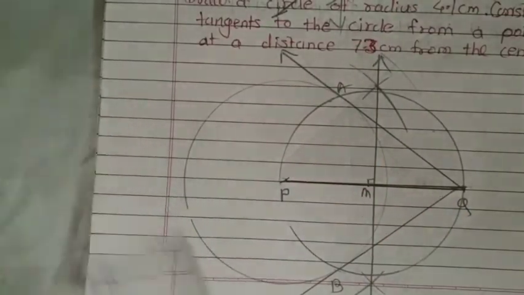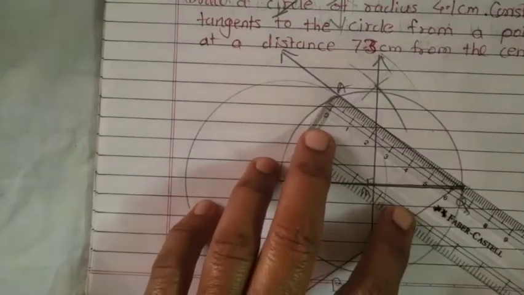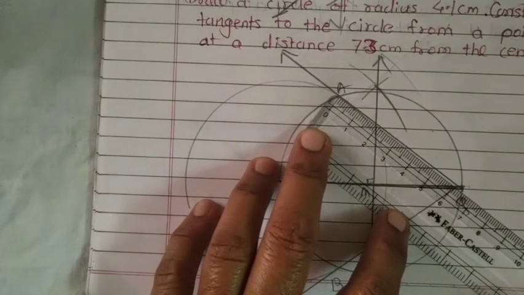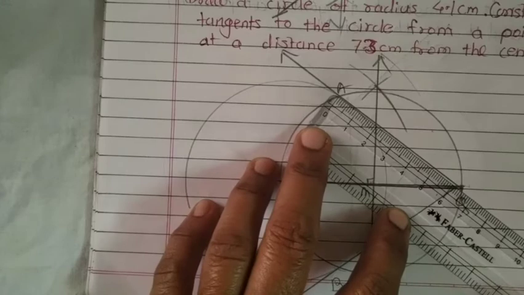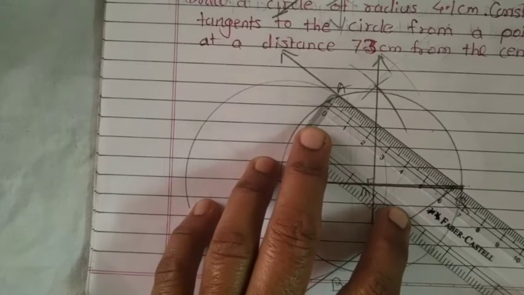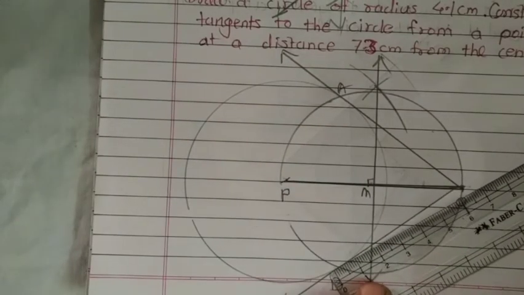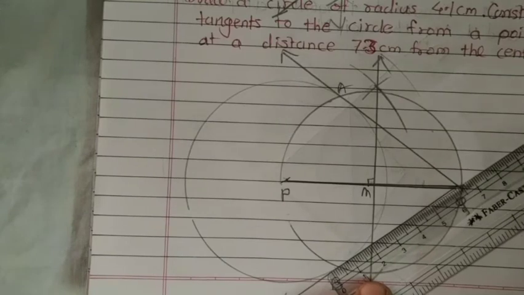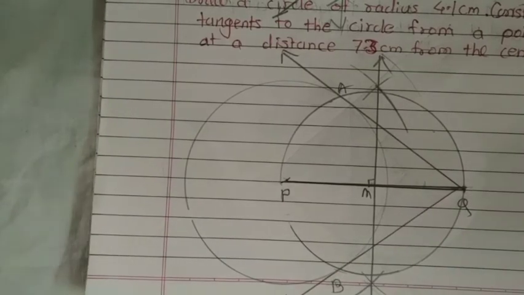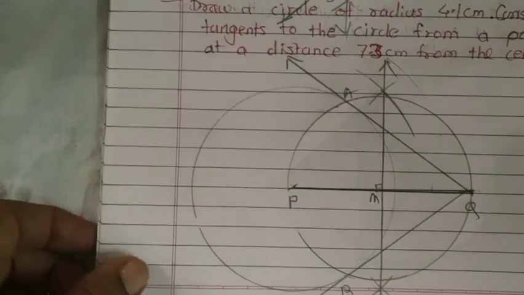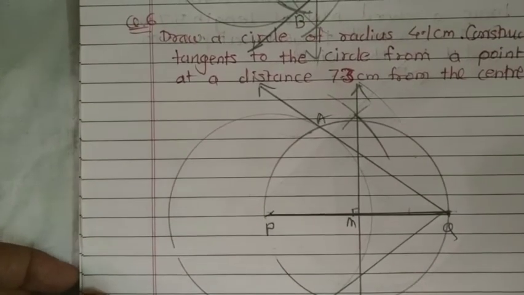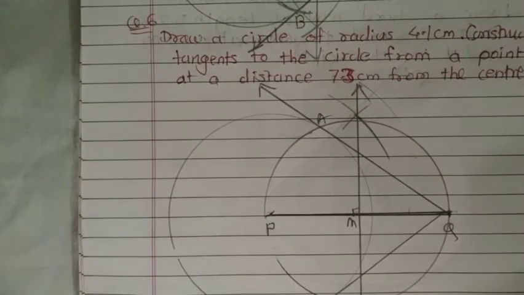Now for our verification, we can measure the tangent segment QA. It is 6.3, and this QB is also 6.3, which means our tangents are geometrically correct. Here we learn how to construct a tangent.